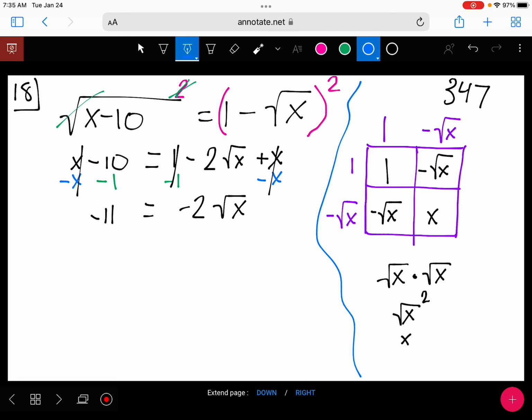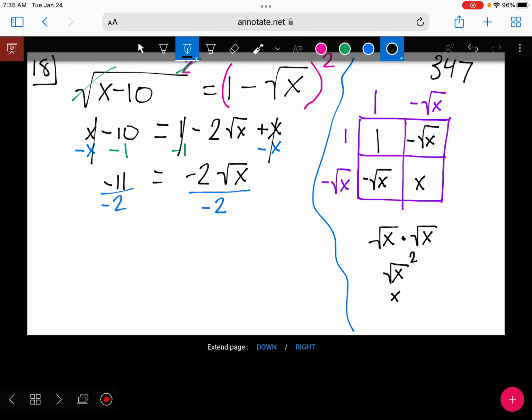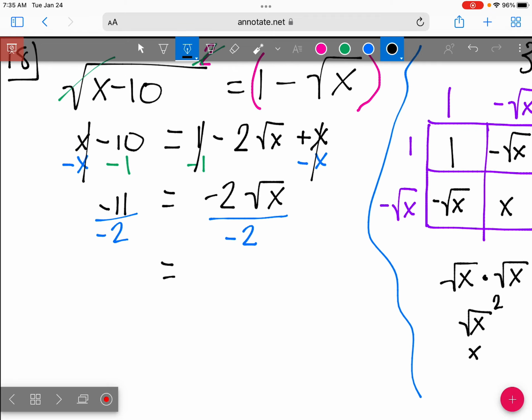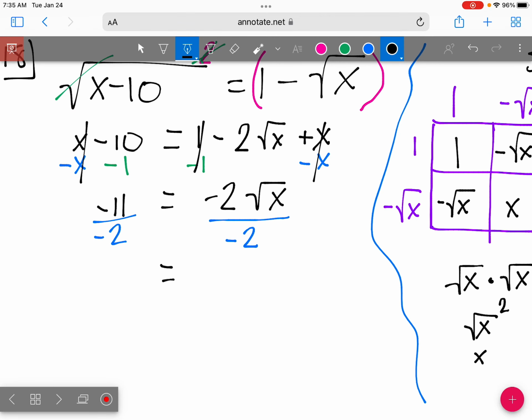Now what can we do with that 2? Divide. We're going to divide by negative 2. That's going to leave me with, there we go, my negative 2 cancels with my negative 2. We have the square root of x equals 11 over 2.